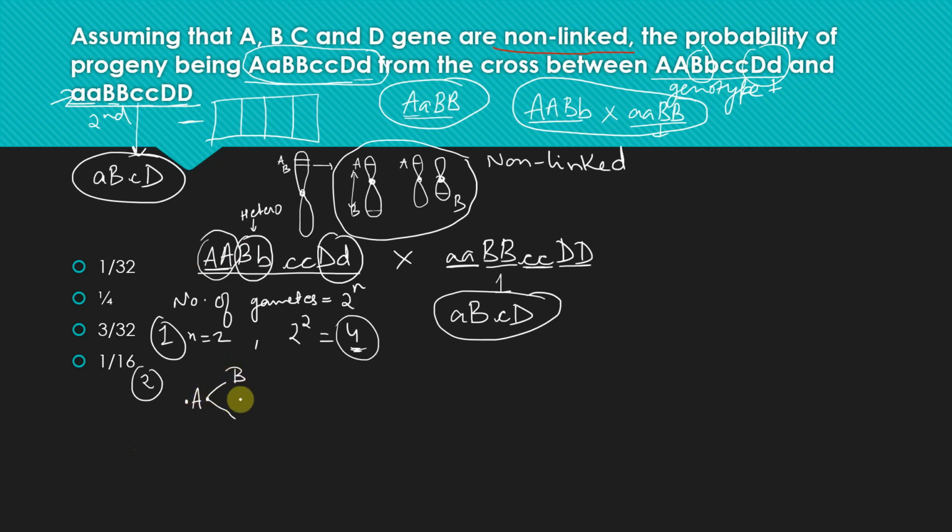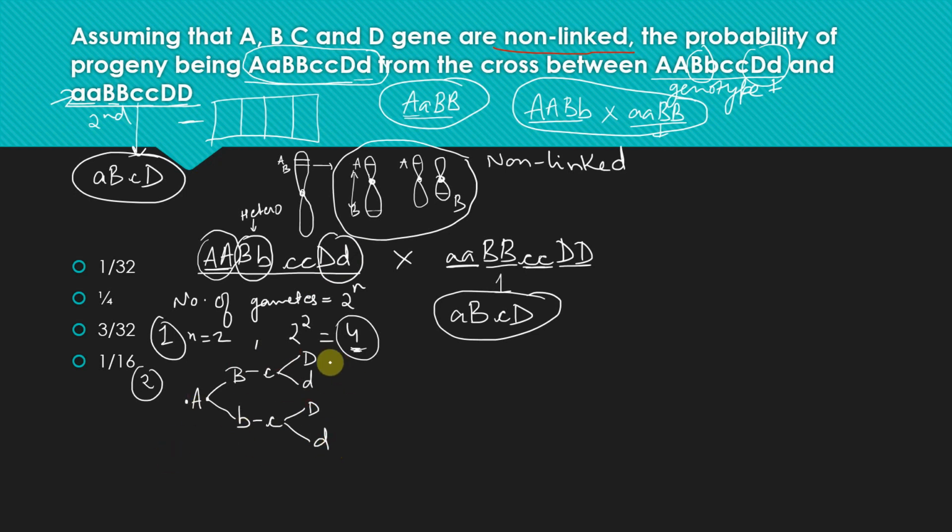On one side you write capital B, on the second side you write small b, since these are the heterozygous combination. Then again you have a homozygous, so it goes on a single line, no diversion. Just write small c on this side and this side also. Now again the heterozygous form is present for D, so again a diversion from the c. So capital D, small d, and in this case also the same way, capital D, small d.